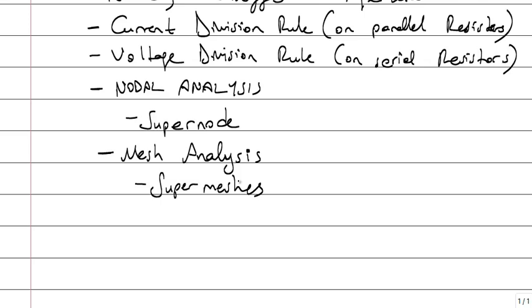You can analyze that circuit too. Okay, but supernode and supermesh eliminate one equation and one unknown. So instead of solving a set of equations with three unknowns, for example, you will solve two unknowns and two equations if you use supernode and supermesh.